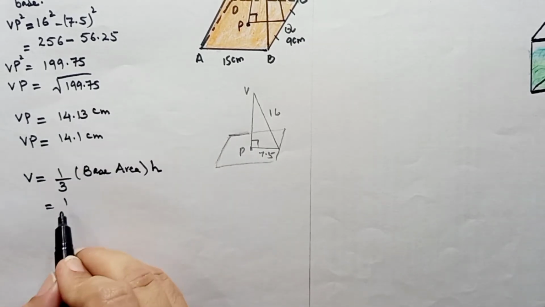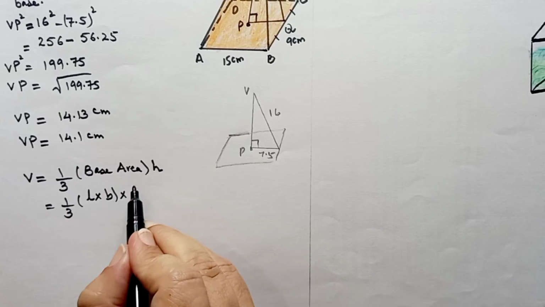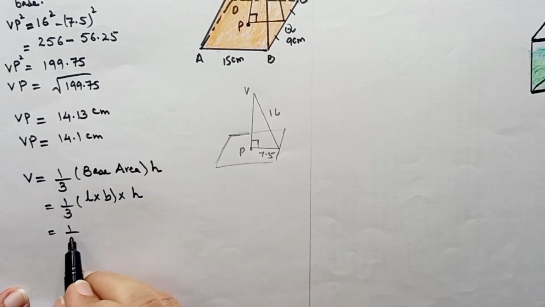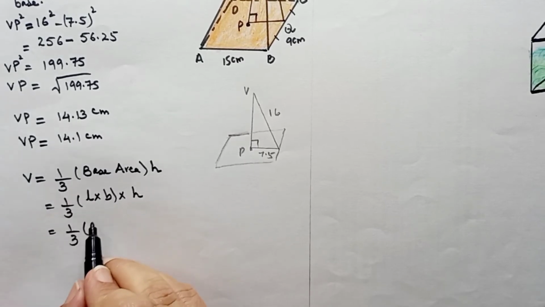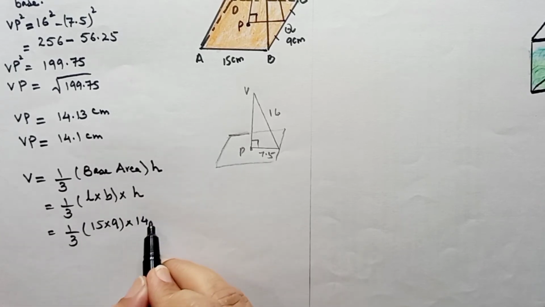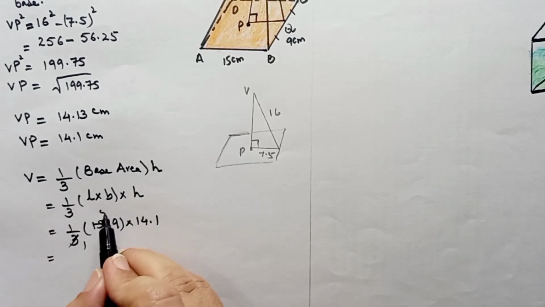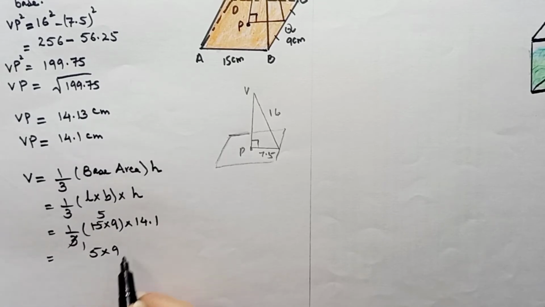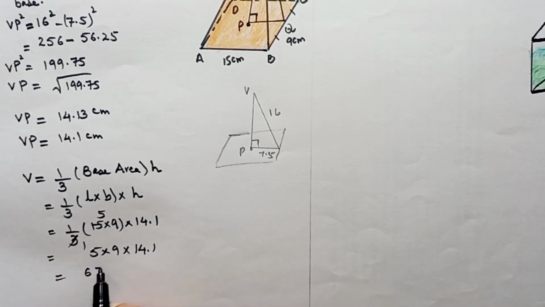Now base is a rectangle, so base area will be replaced by L cross B, multiplied by height, and this is 1 by 3 times 15 multiplied by 9 multiplied by 14.1. 3 ones are 3 and 3 fives are 15, and I'm left with 5 multiplied by 9 multiplied by 14.1, and this gives me 634.5.